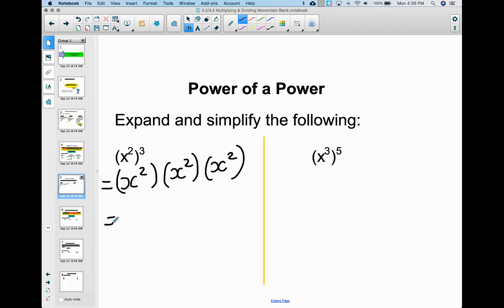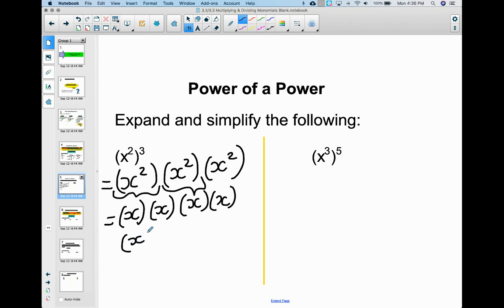And we can further expand this as x times x, which is the first x squared, then x times x again, which is the expanded version of the second x squared, and x times x again, which is the third x squared expanded. And we have x to the power of 6 because x is multiplied by itself 6 times.